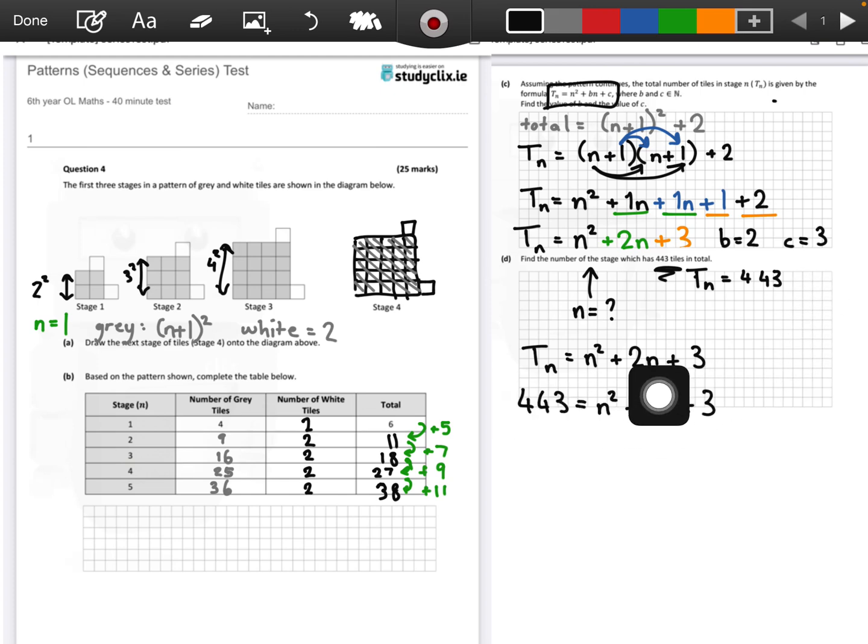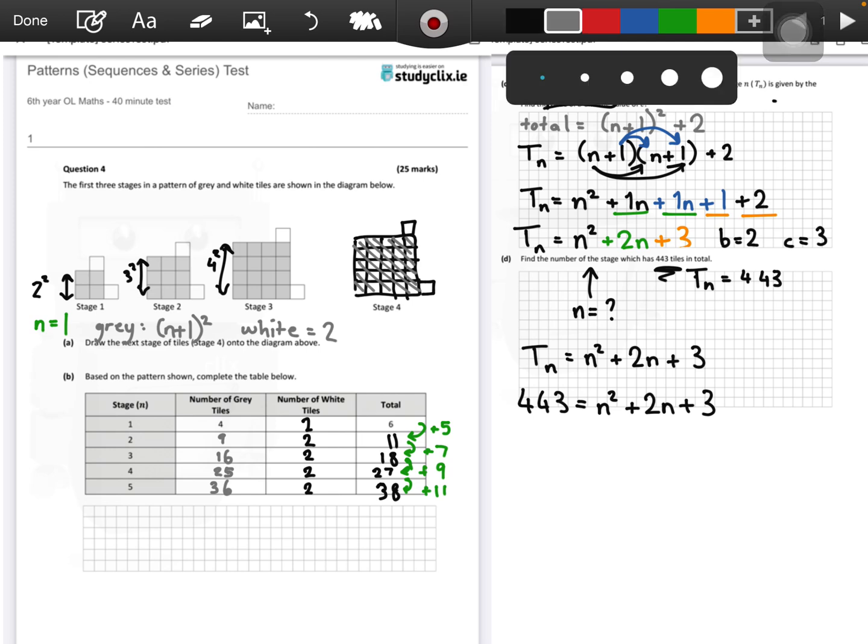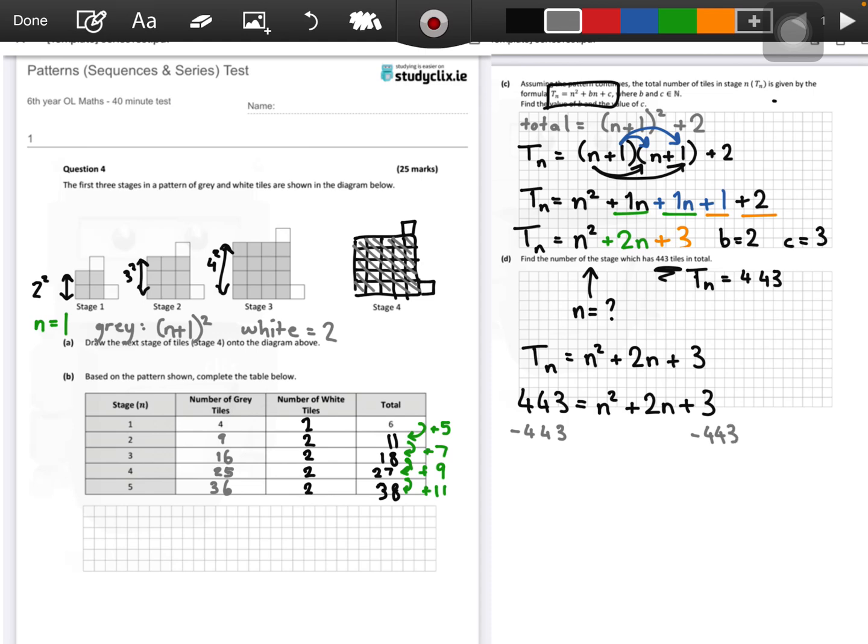So I'm going to have to solve this as I'd solve a quadratic. Well, that's one way of doing it. So I'm going to move my 443 across to the other side. Because remember, when we look at quadratics, I usually have like x squared plus, I'll just make one up, 5x plus 3 is equal to 0.